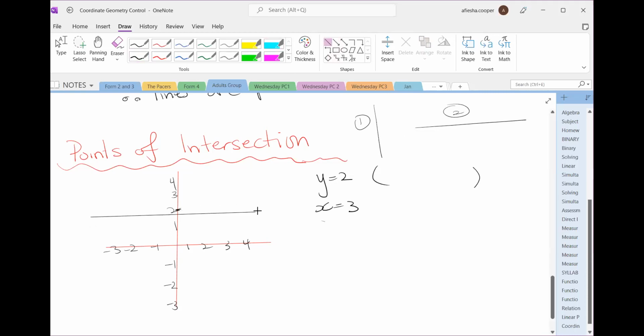So it's horizontal. You can't go up on the y-axis. You can only go across. So that should be a straight line. So this is horizontal.